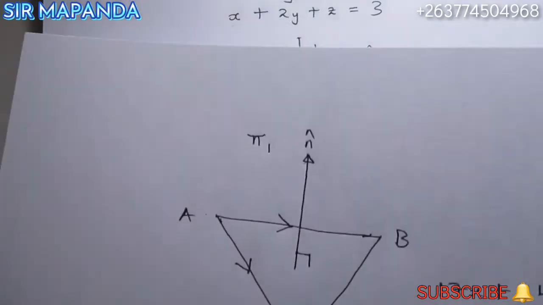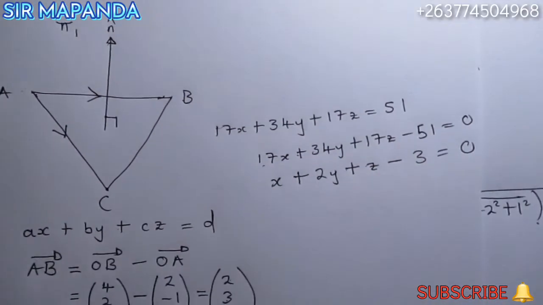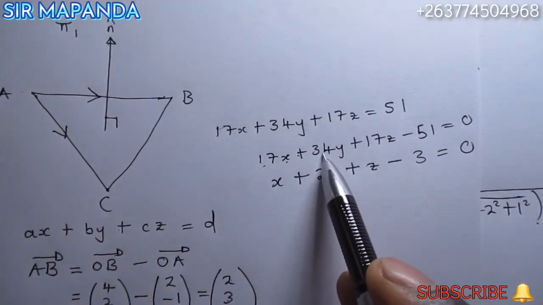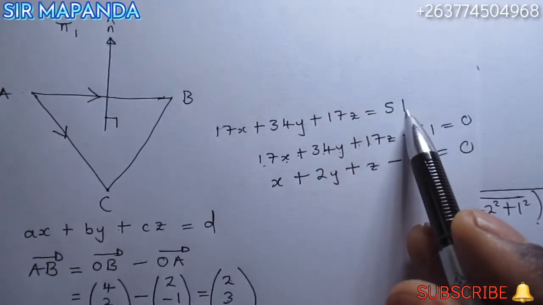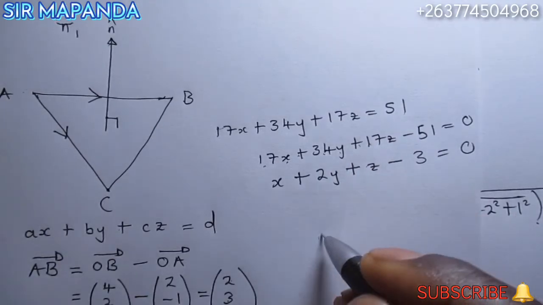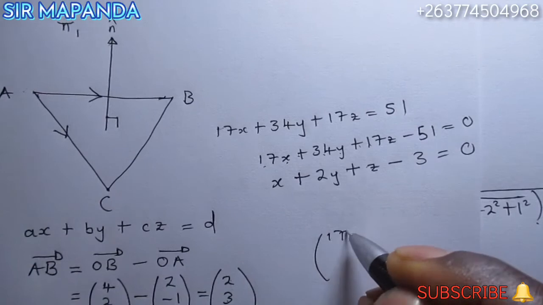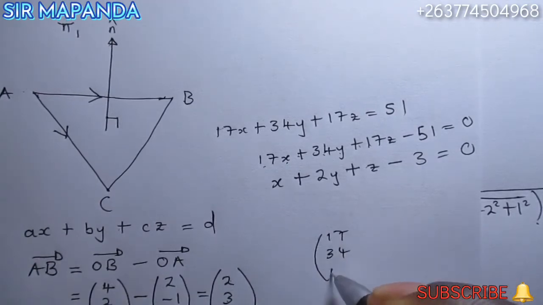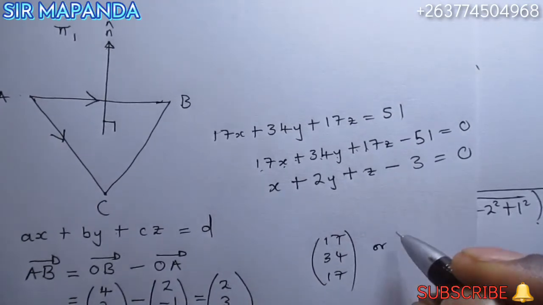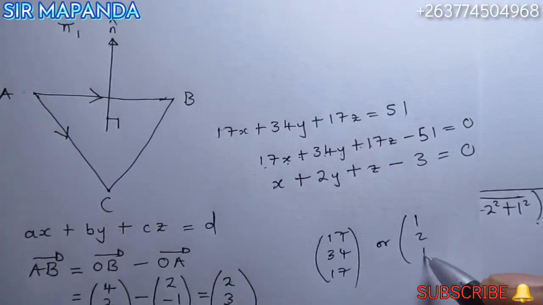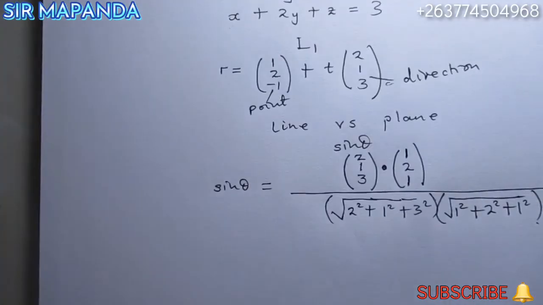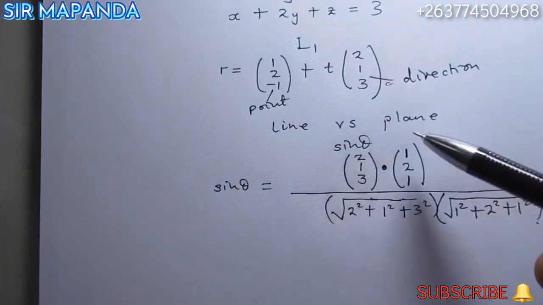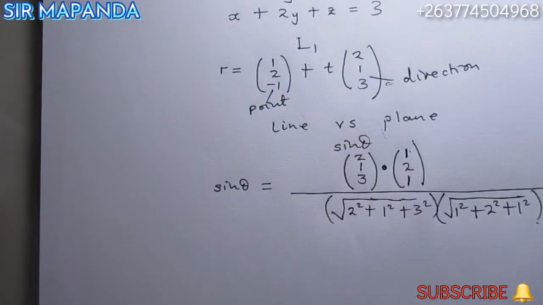Remember, when calculating pi 1, we got 17x plus 34y plus 17z is equal to 51. So for the normal vector, you can make use of 17, 34, and 17, or you can make use of 1, 2, and 1. You still get the same answer. I hope you are following. Right, so I have chosen 1, 2, and 1, which was the simplified Cartesian equation.